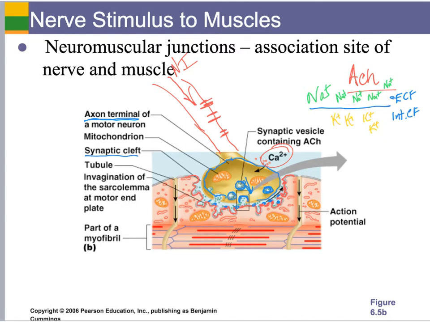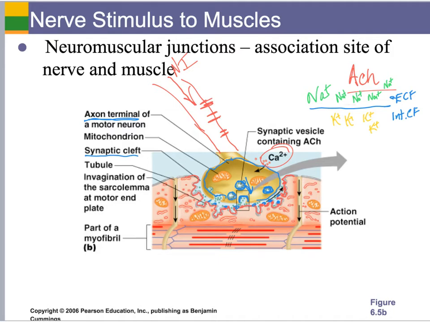Okay, and at resting potential, when the sarcolemma is not being stimulated, the voltage across the membrane keeps it stable, right? We have a kind of equal voltage on the outside and the inside.